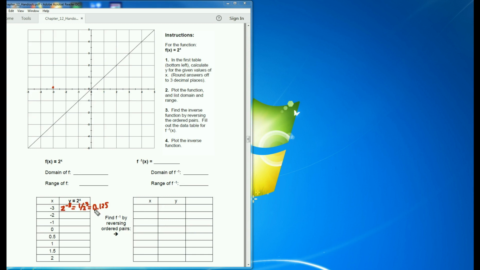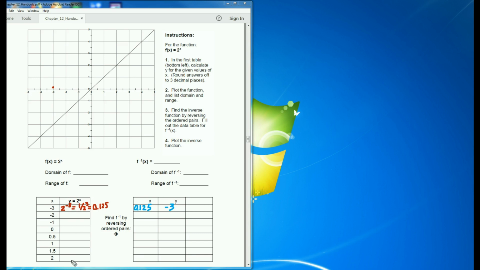So here I had a y of 0.125, so now that becomes the x for the inverse function. And I had -3 for x, so that becomes my y. I've just taken this ordered pair and reversed it, so this pair is a member of the inverse function.